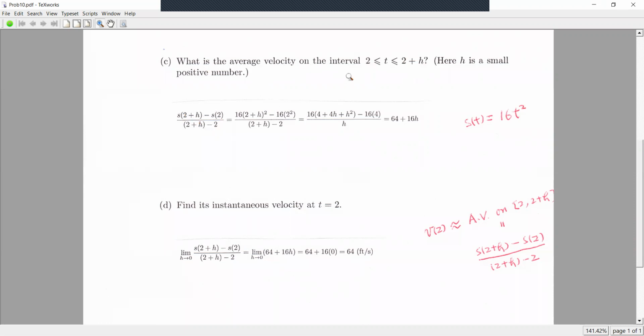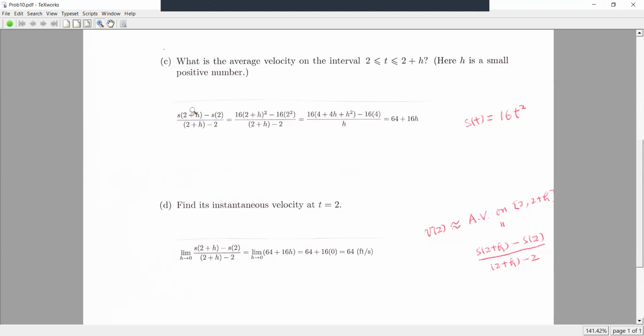Distance traveled on this time interval is the position at the time 2 plus h minus the position at 2. The time elapsed from 2 to 2 plus h is 2 plus h minus 2. So we have this fraction.